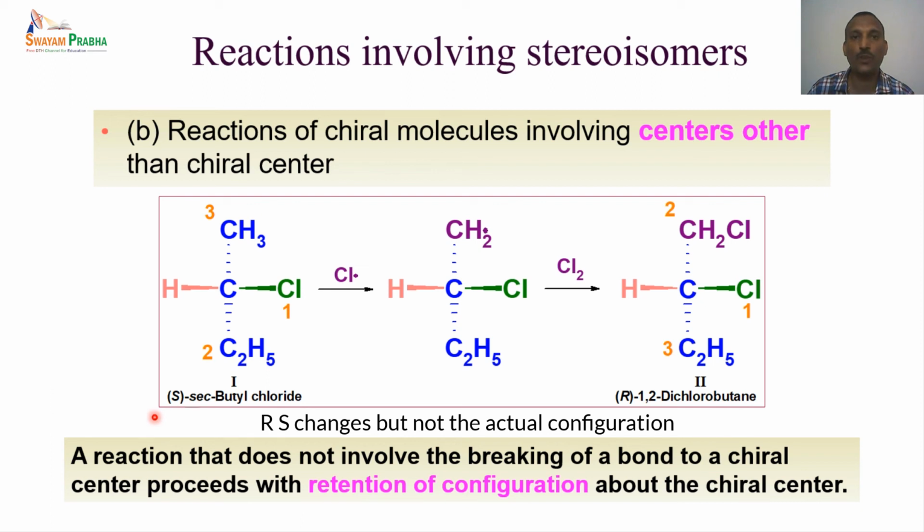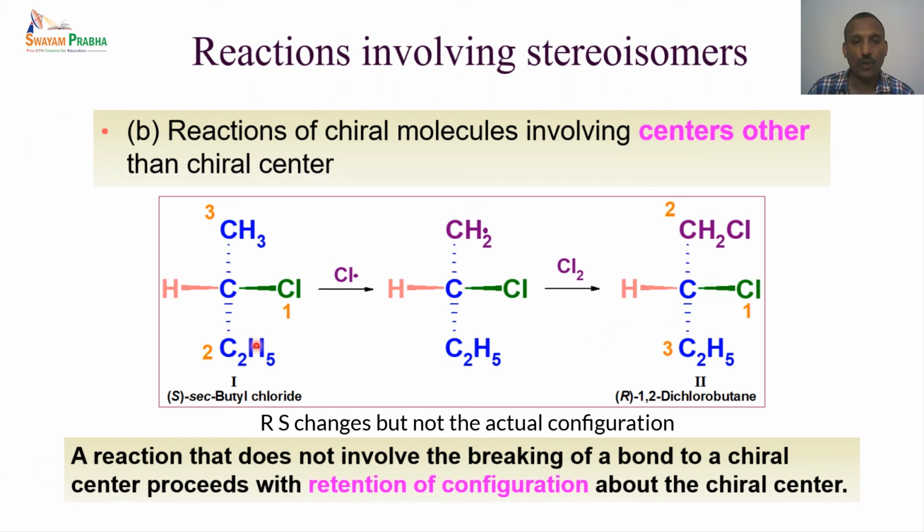There is a possibility, as shown here, that R and S can change even though the chiral center did not break any bond. So you have to look at the entire molecule for the change and not at only the single reacting center.